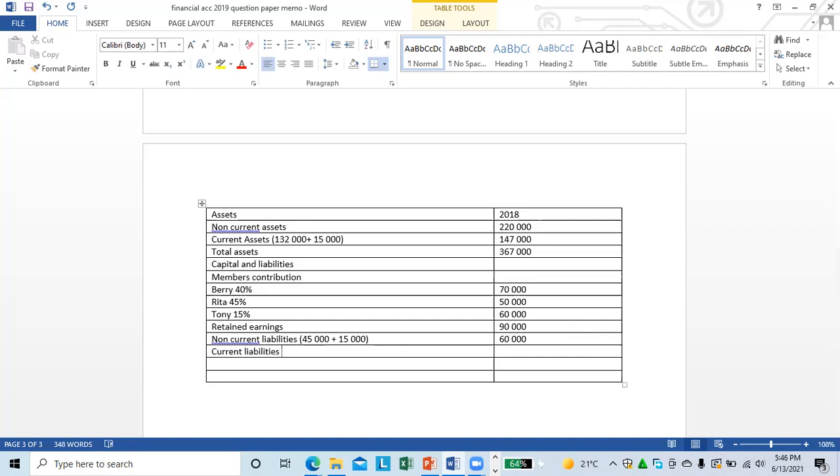Under current liabilities, were they affected? No. So you write the amount as it is. Now, why are we not recording the 10,000 remaining out of the 25,000?